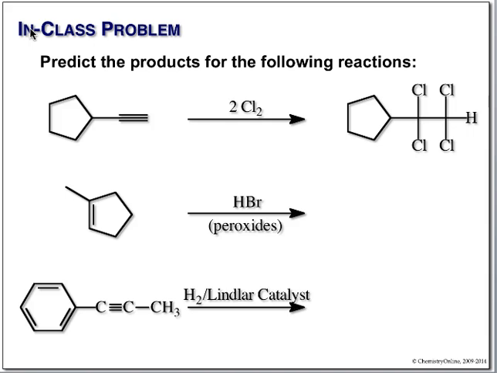It says, I'm going to add a bromine, and my regiochemistry is going to be anti-Markovnikov. So we look here and we say, which one of these is the anti-Markovnikov carbon? This is tertiary, that's secondary. Carbocation would be here. We're going to put the bromine here.